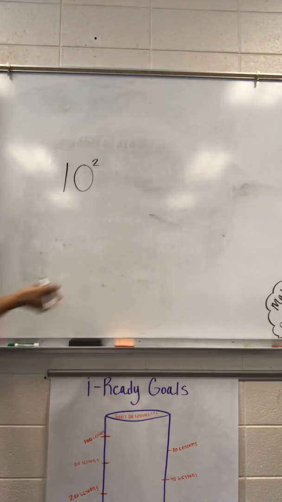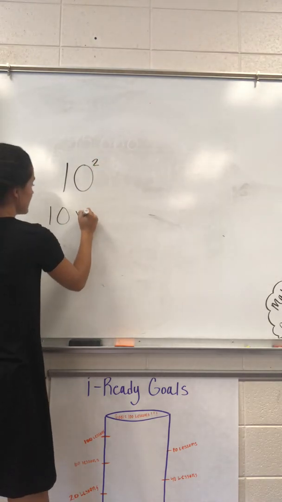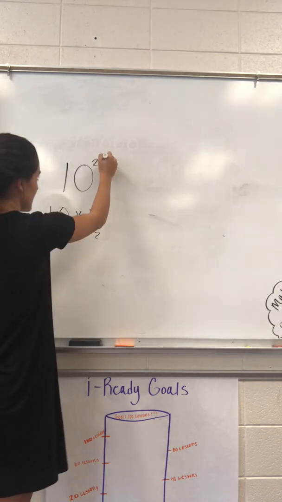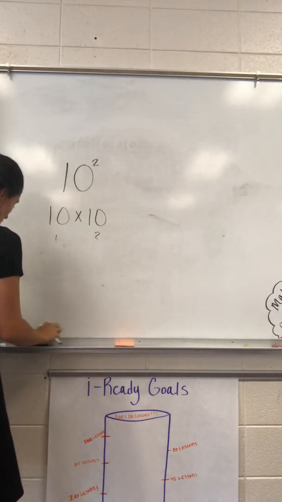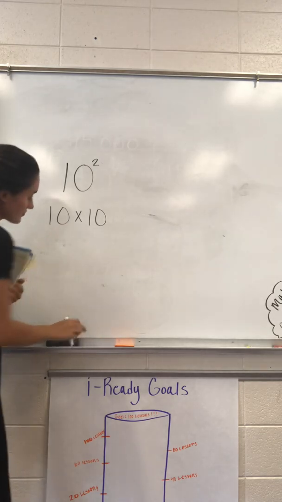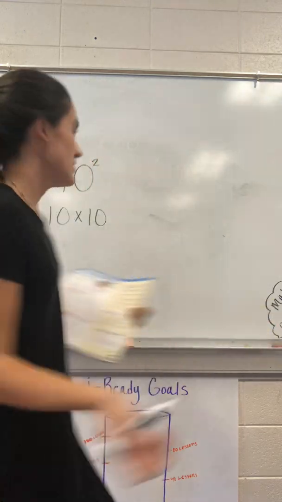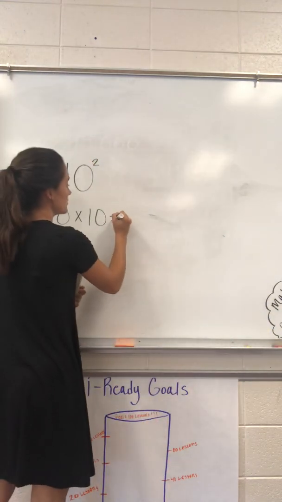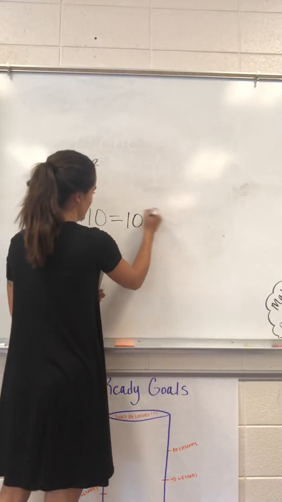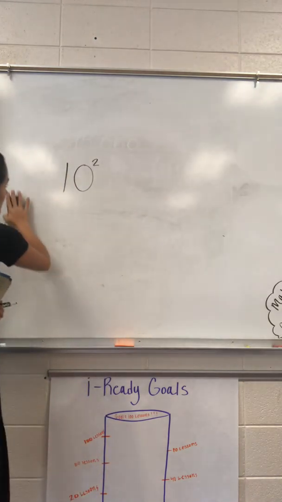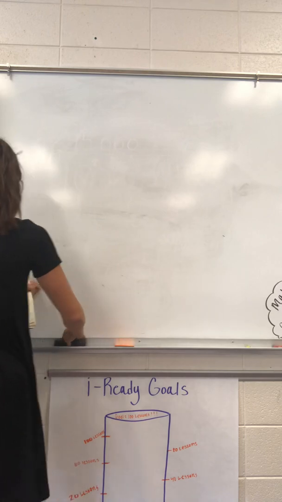So what that means is I'm going to take 10 times 10. So I've got 1, 2, so that matches this many times. So what it's asking for in number 3 is to find the value. So I'm going to do 10 times 10, which we already talked about earlier, is 100. Okay? So I think we've got that down. But now we need to look at number 4.